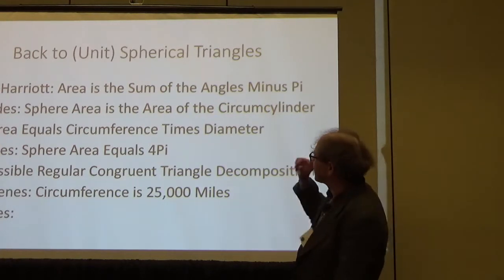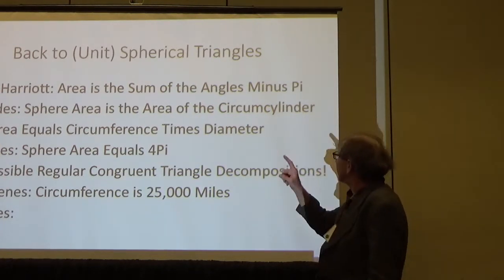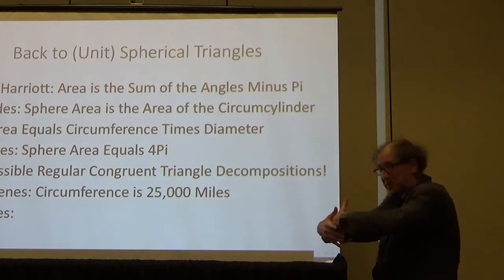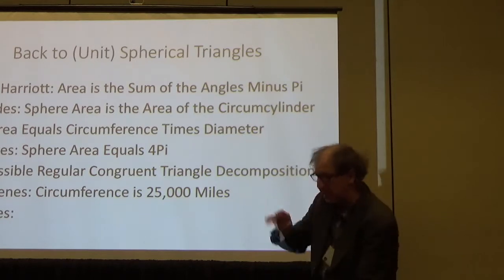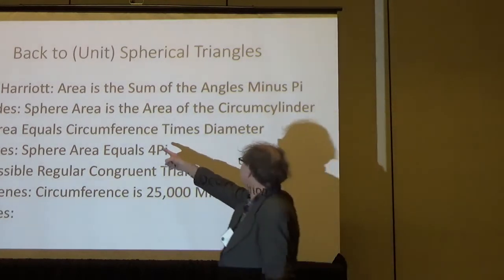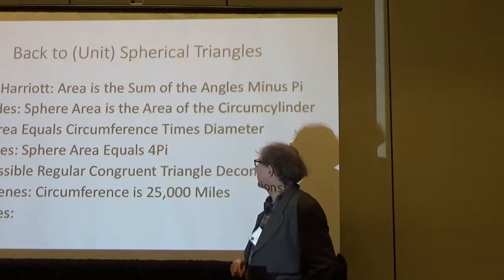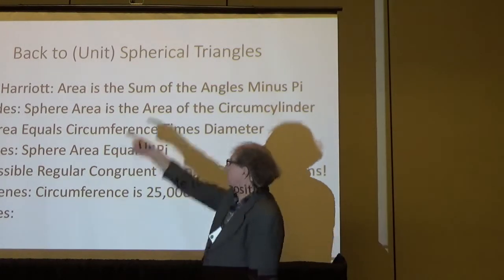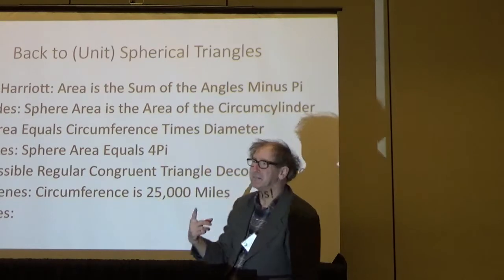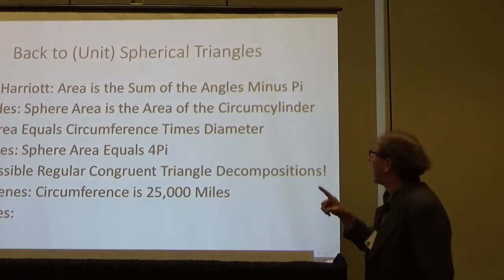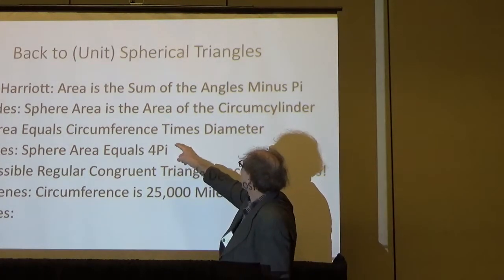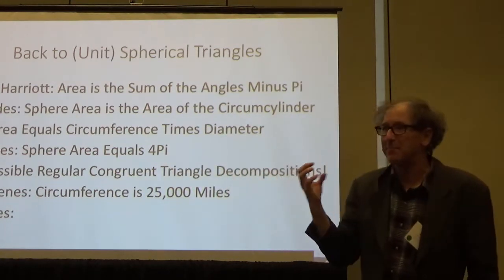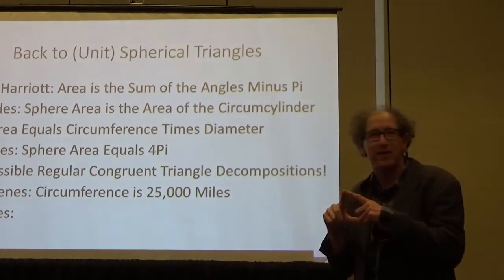Now think about that, because Archimedes knew that the area of a sphere is the area of the circumscribed cylinder, around and up. So that's equal to the circumference times the diameter. Well, that means 2 times 2 pi, it's 4 pi. How many of these triangles can fit exactly on a sphere?